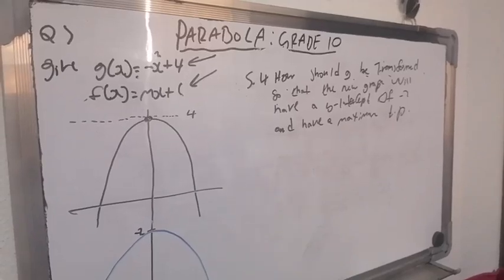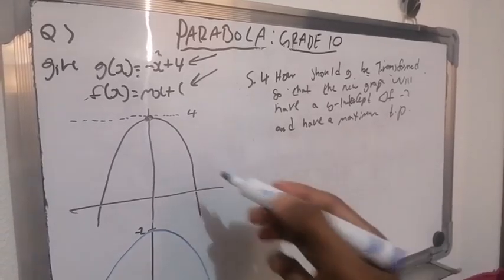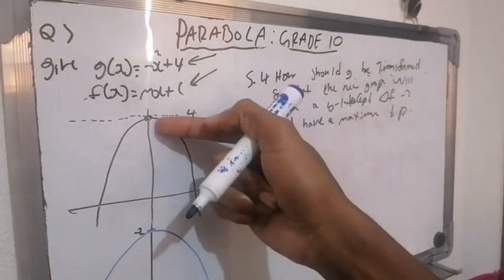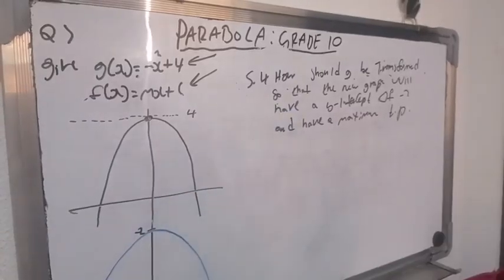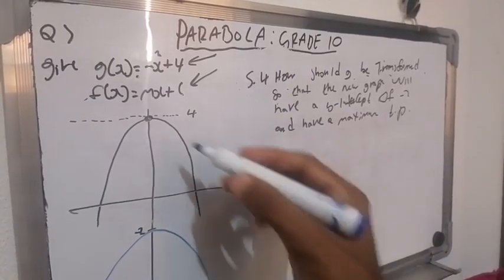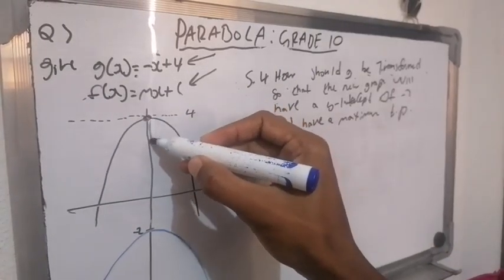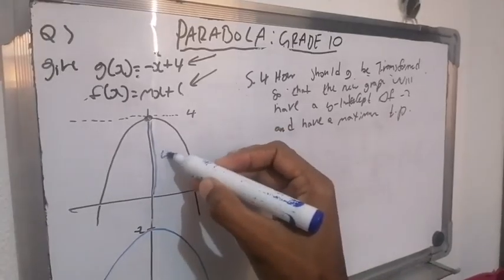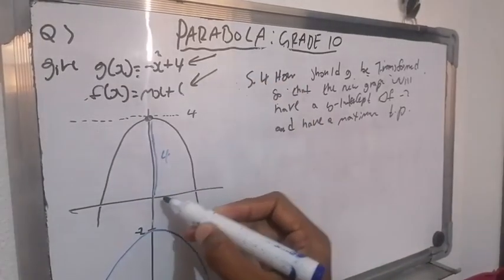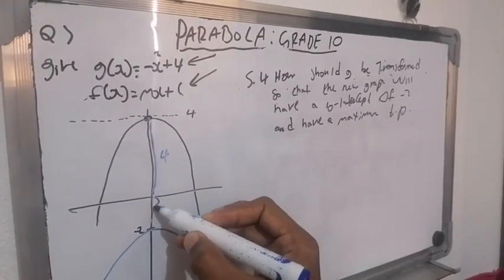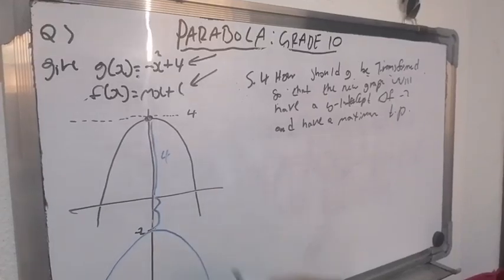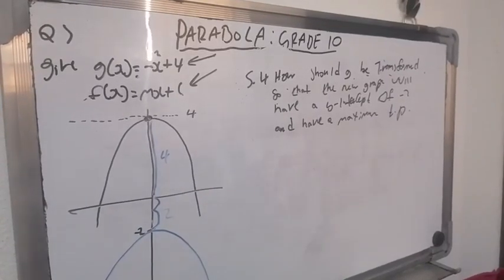So how should it be transformed? It's simple. It should go down. We need to know by how many units it should go down. We have 4 units from the 0, and then you're going to have another 2 units going down. So it's basically 4 and 2. That means we should go 6 units downwards.